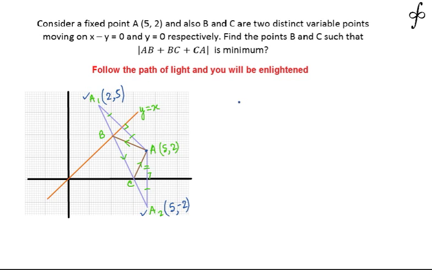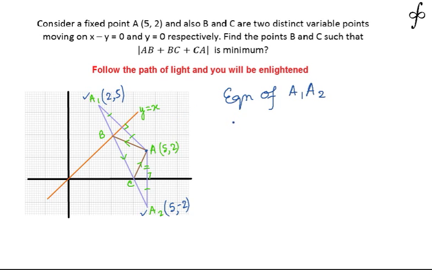So we can write down the equation of A1A2. As you know, A1 and A2 will be collinear with B and C. So the equation of A1A2 can be obtained using the two-point form. A1A2 is the line joining the points (2, 5) and (5, minus 2).